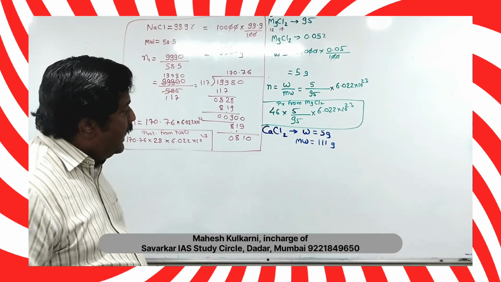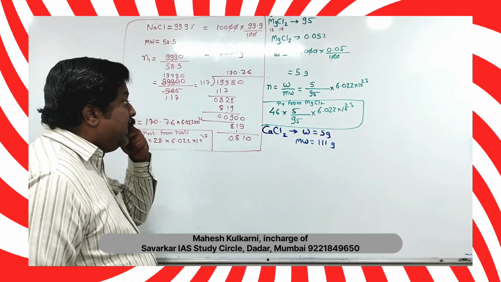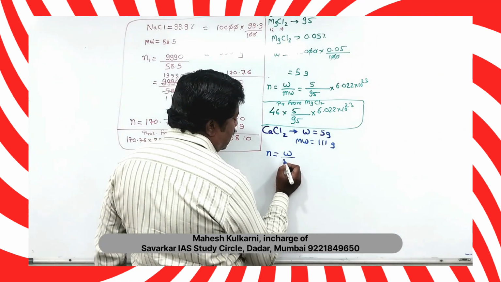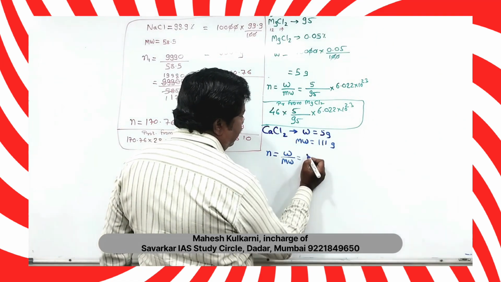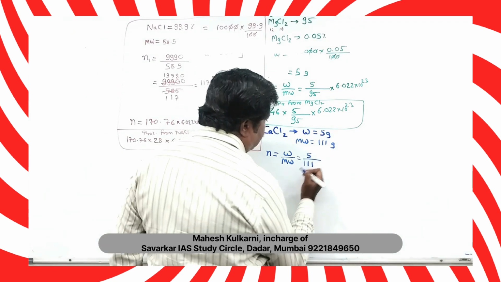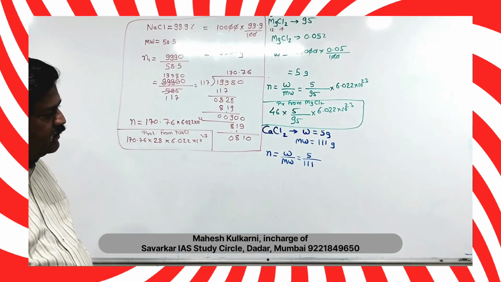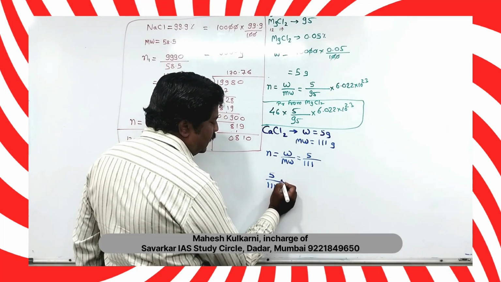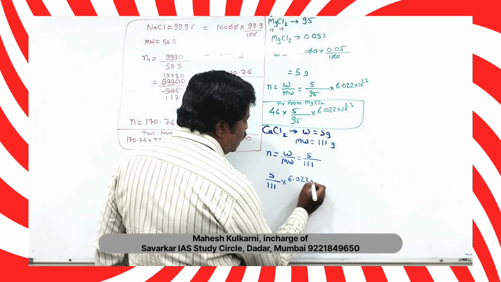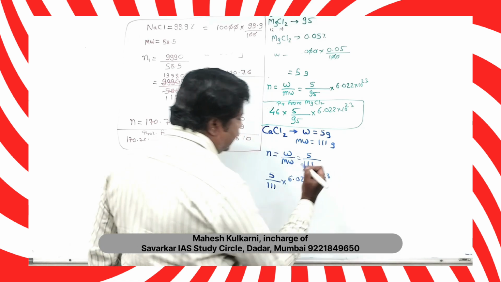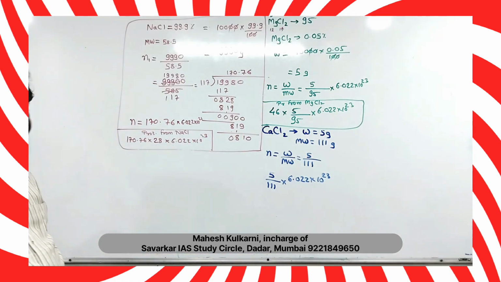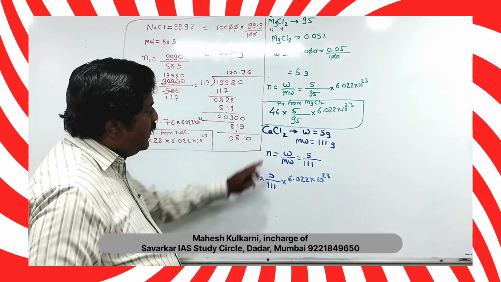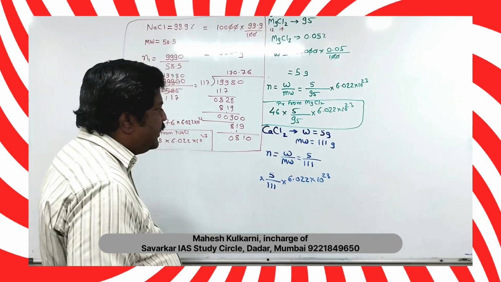And now what I have to calculate is the number of moles. So N will be equal to W upon MW, that is 5 upon 111. Now the number of molecules is 5 upon 111 into 6.022 into 10 to the power of 23, and multiply by a single molecule of calcium chloride.